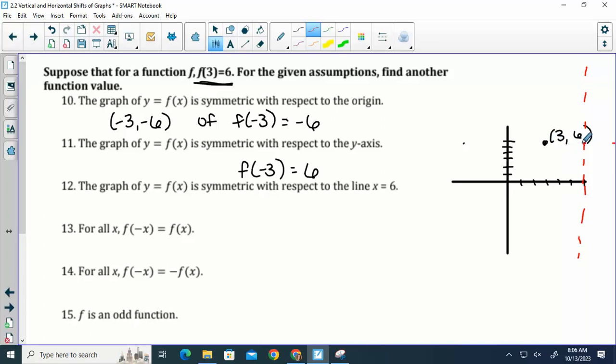Well, 6 is right here on the line. Right now I'm 3 away from that line. So if I flip it, I'll go 3 the other direction. It would go over here. So it becomes positive 9, positive 6.